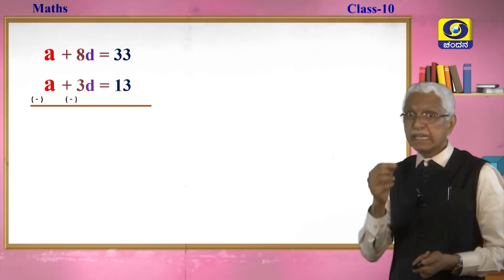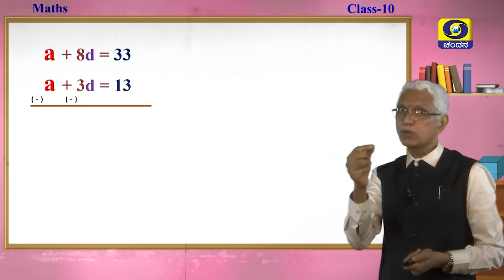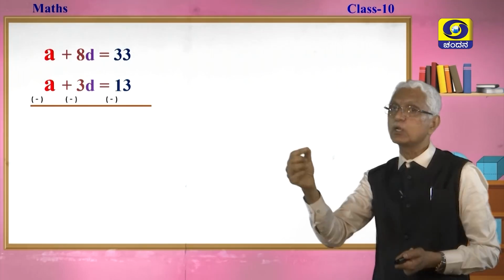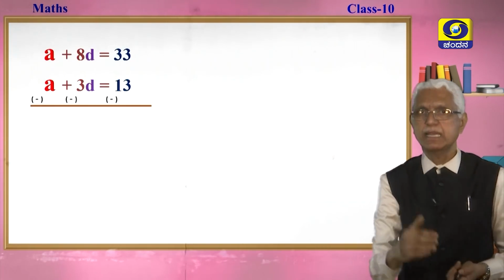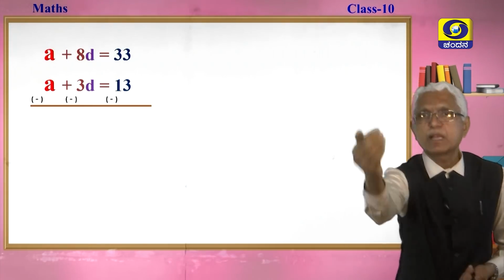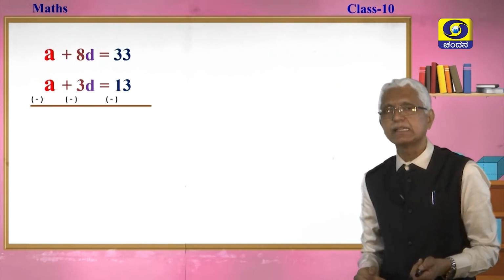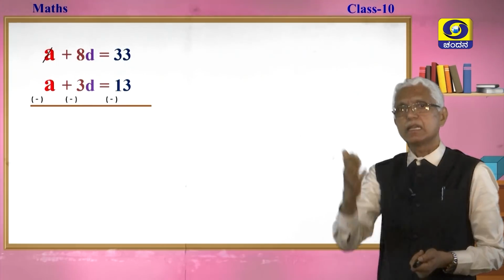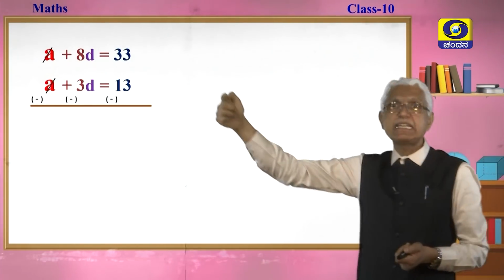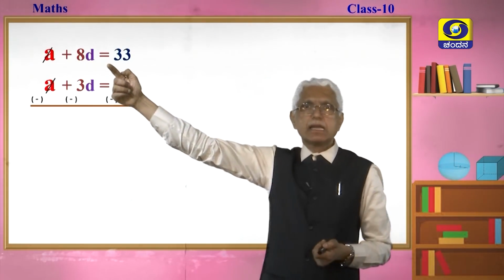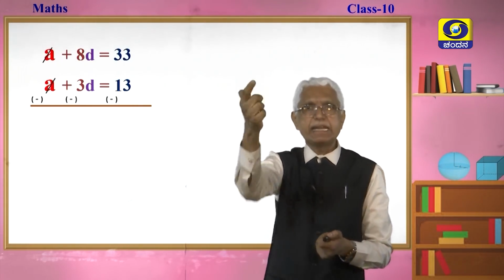Now, while subtracting, you have to change the signs of the lower terms. Plus a becomes minus a, plus 3d becomes minus 3d, plus 13 becomes minus 13. a and minus a get cancelled. Now, 8d minus 3d.